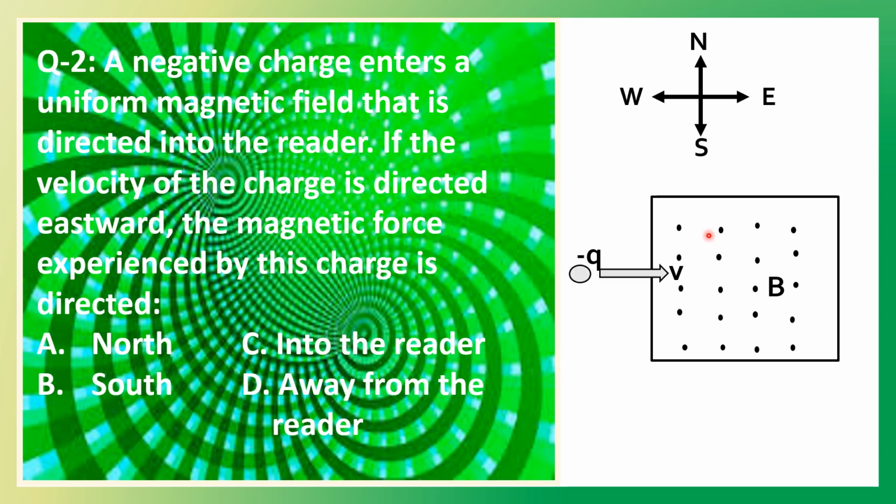letter B, south, letter C, into the reader, and letter D, away from the reader. So here's the illustration. We have here a negative charge that is moving with a velocity v directed towards eastward, right? It enters a region of a uniform magnetic field, capital B, whose direction is represented by these dots, which suggests that the magnetic field is directed into the reader.